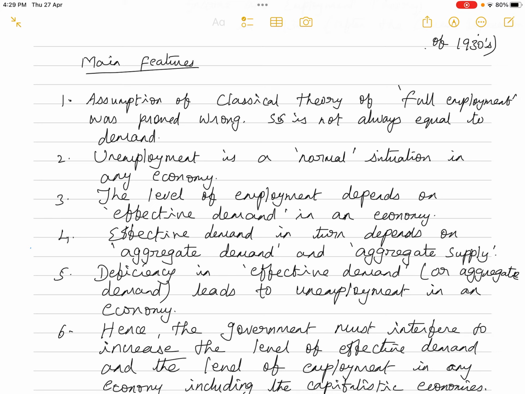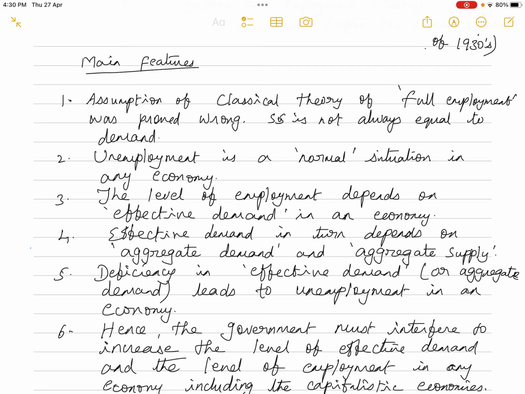So the classical economists framed their view that the economy will always be at full employment, because according to them, supply will always be equal to demand. This is the very famous quote by J.B. Say: supply creates its own demand, says the law of markets.